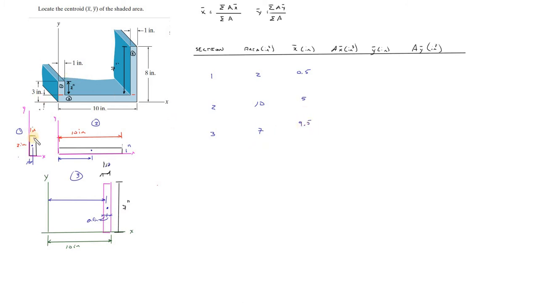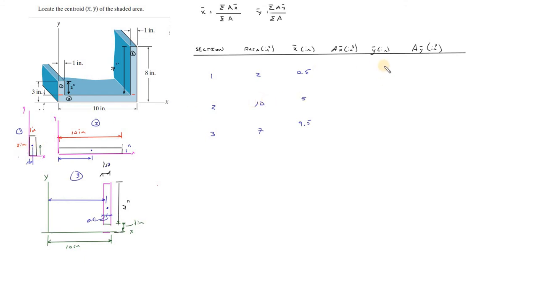Now our y bar, we're coming up from the x-axis, and I should have drawn this like this, guys, where this is 7 to there, and this distance from here to here was 1 inch. So the y bar for 1, I'm going up half.